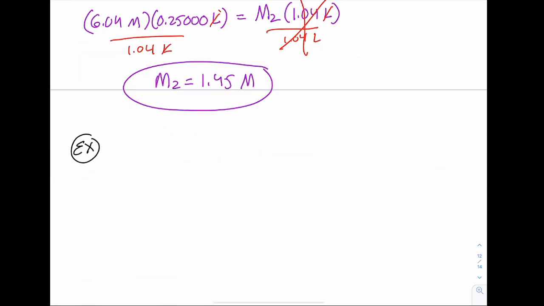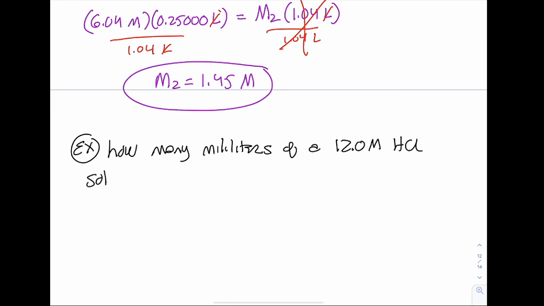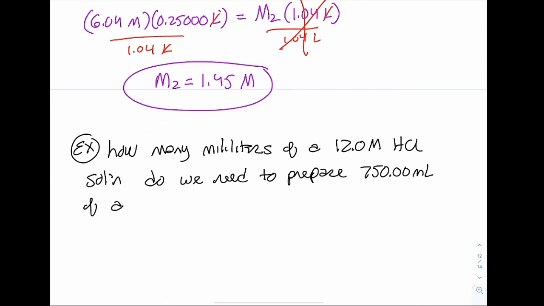Another example. So how many milliliters of a 12.0 molar hydrochloric acid solution do we need to prepare 750.00 milliliters of a 0.406 molar solution?